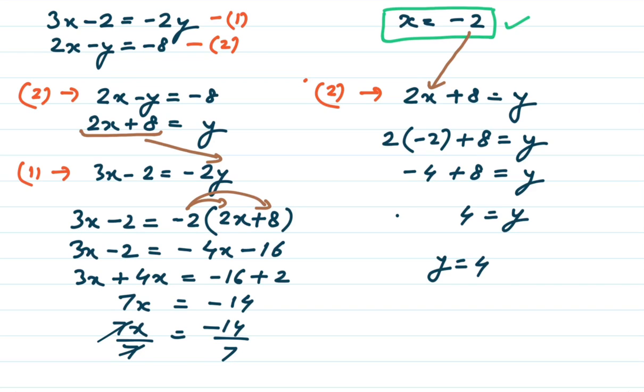So that's my second answer. Once again, if you plot these two linear equations on a graph sheet, you are going to get the meeting point of the two lines at this point, -2 and 4.